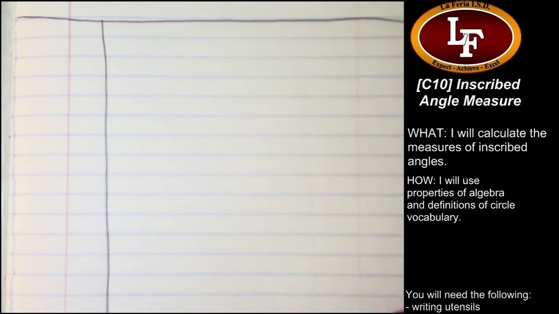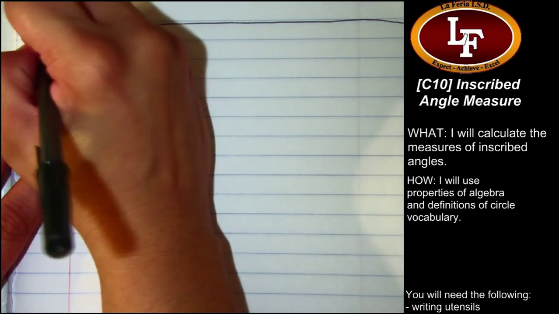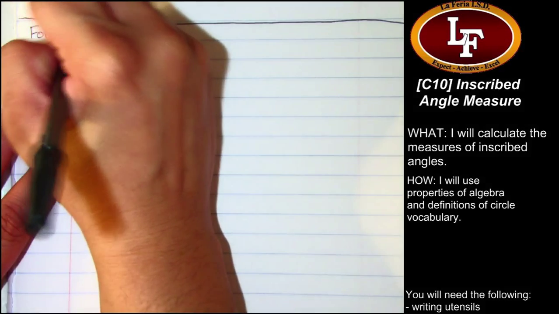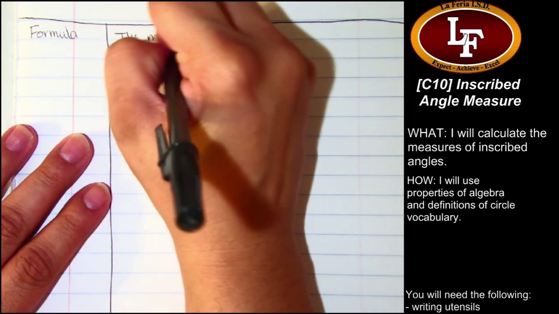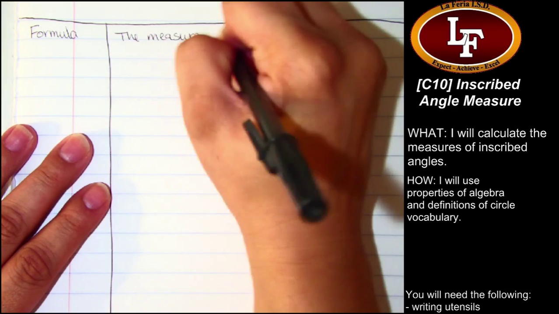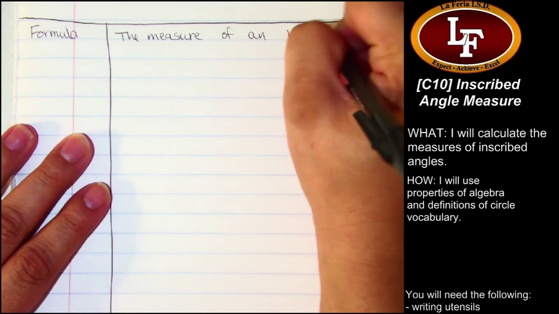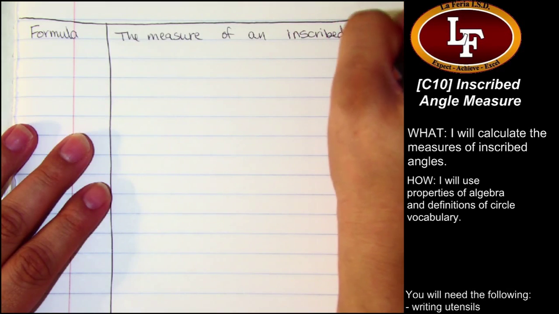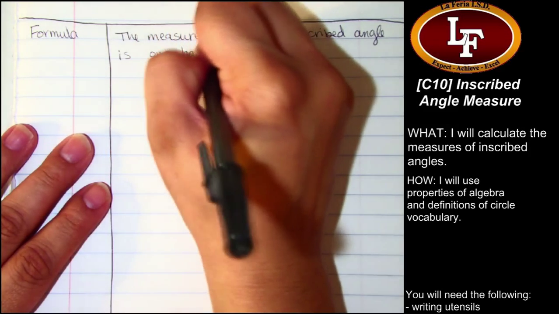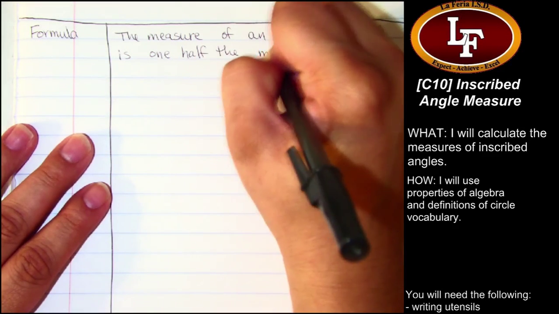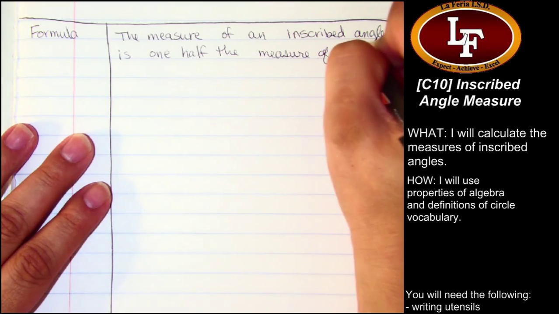All right, welcome back. We've only got one formula to work through today for the inscribed angle measures, and the formula is this. In words, it says the measure of an inscribed angle is 1/2 the measure of its central angle.